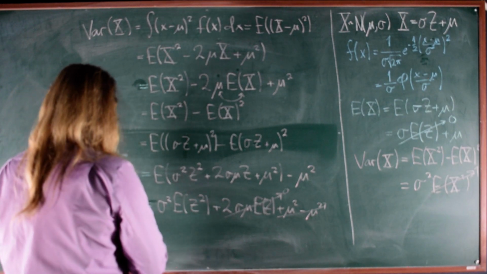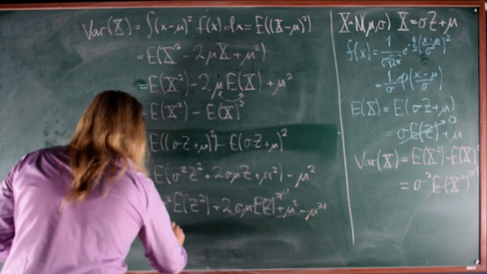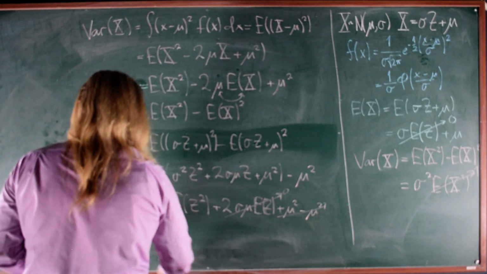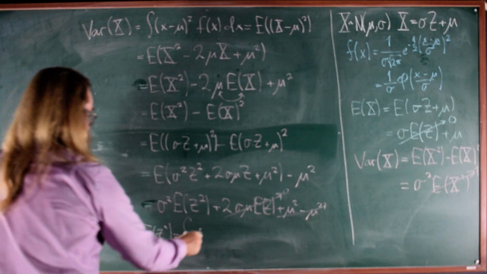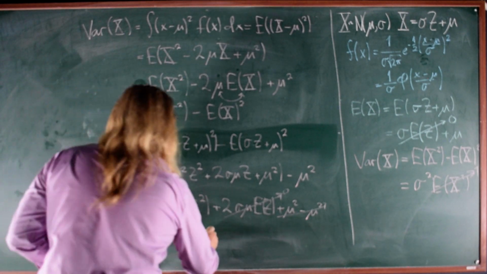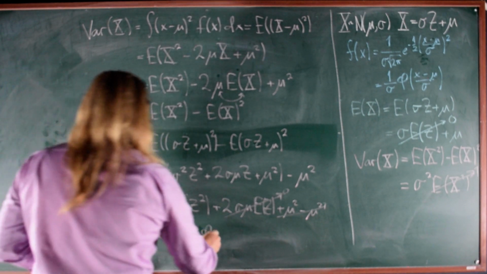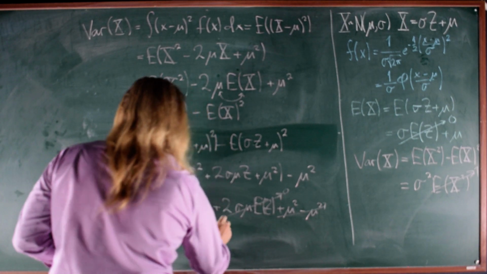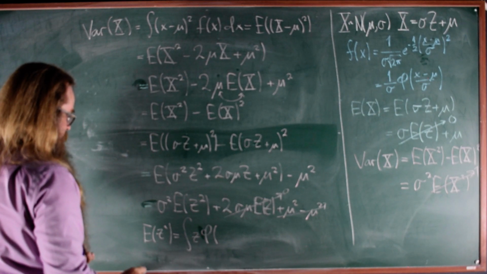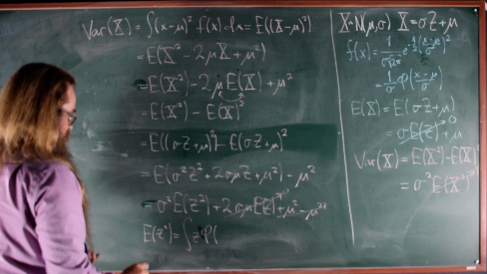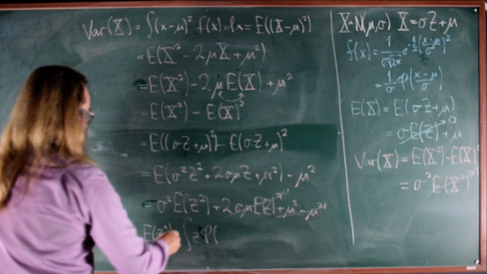So the expected value of z squared is equal to the integral of z times z times phi of z, dz.